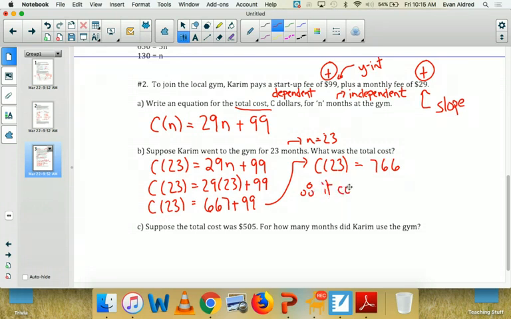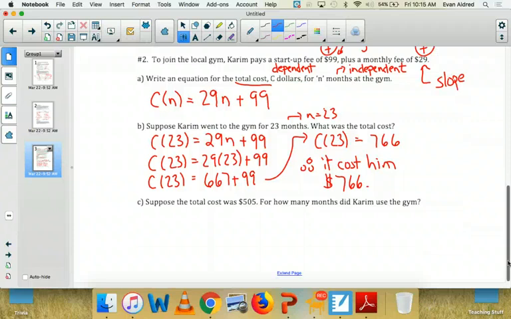Therefore, it cost him $766. Okay? And again, it's algebra you've done before. We started looking at that algebra last unit. But now we have created the equation that we're using, whereas before that was given to us.